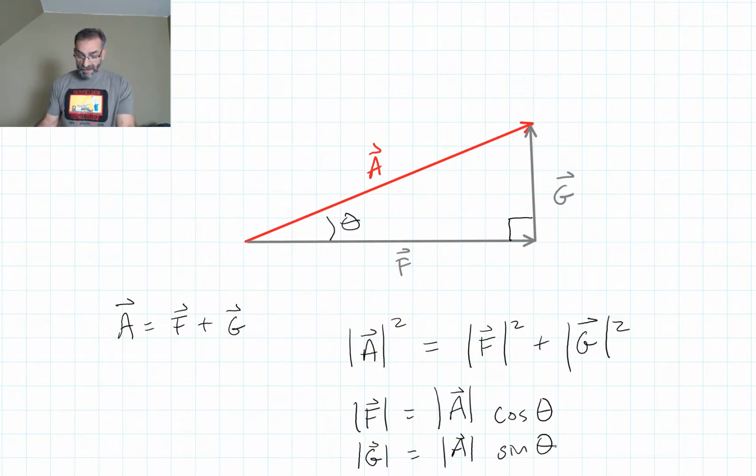So we can break up a vector into its components using sine and cosine. Hopefully, this is review. If anything in this video is not a review and you need a little bit more explanation, check Khan Academy for a video where you can get a nice explanation of why the properties are the way they are.